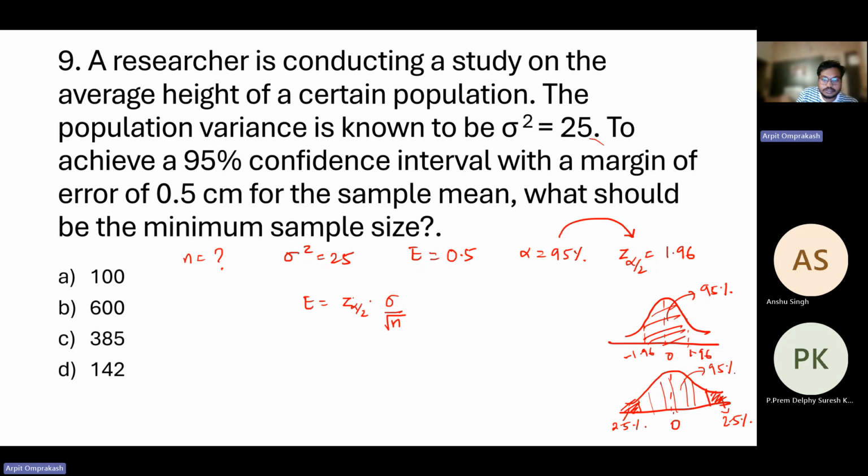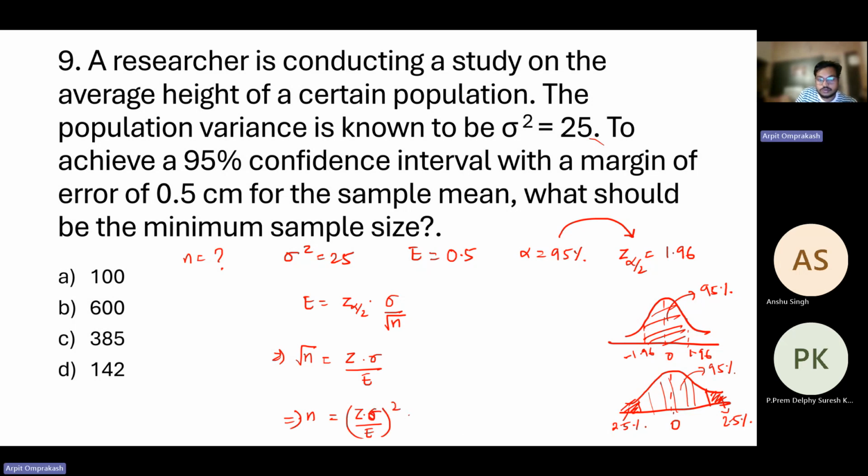We can change the formula to bring the N to the left-hand side and take the E to the right-hand side. So root N equals Z, I'm just writing Z here for short, sigma by E. That implies N is equal to Z into sigma by E, whole square.